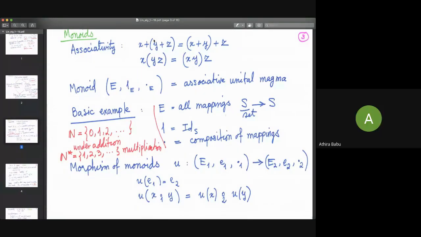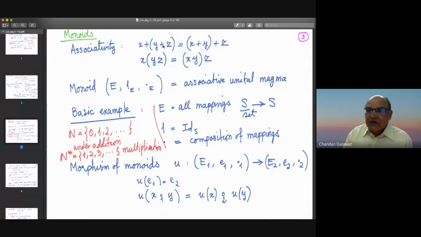On the left-hand side, you are adding y and z first, and then adding x to the result.